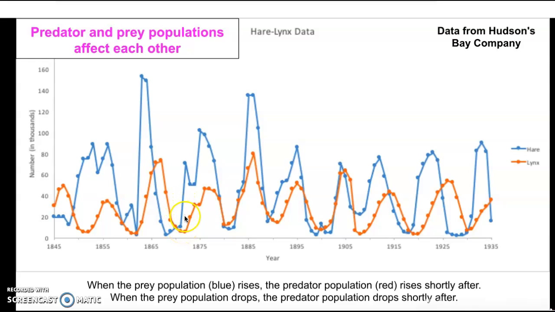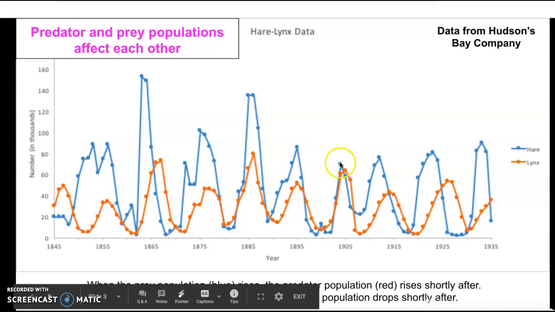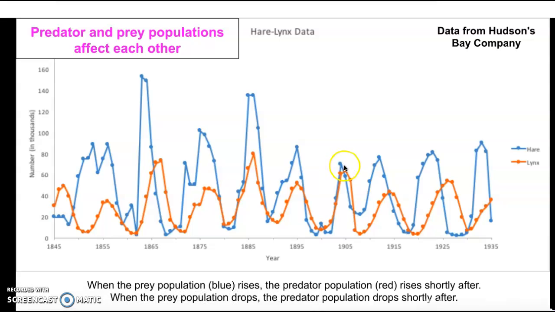So the red graph follows the blue graph. It's a bit more clear on the right-hand side here. We have a blue peak, and slightly after a red peak. We have a blue bottom, and slightly after a red bottom. And then a blue peak again, slightly after that's a red peak. So the lynx population graph is following the hare population graph.